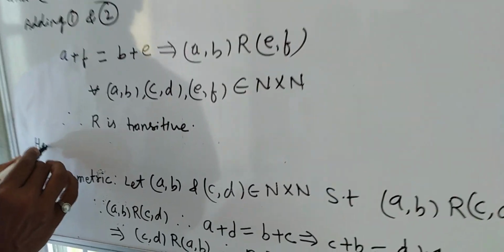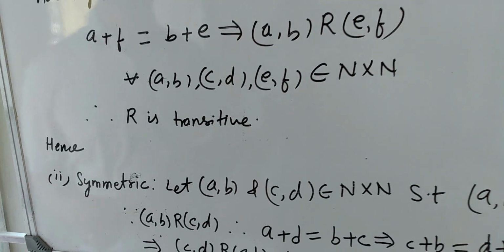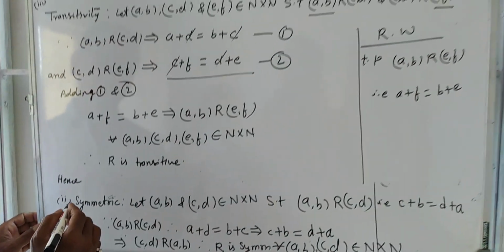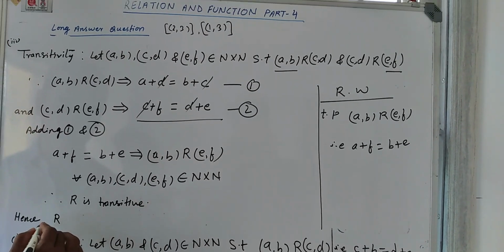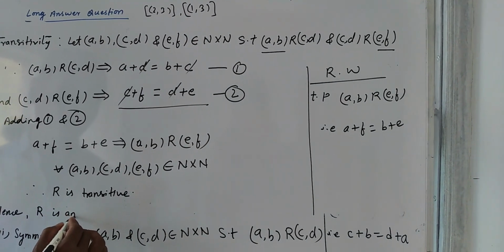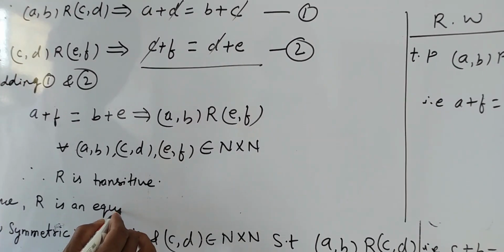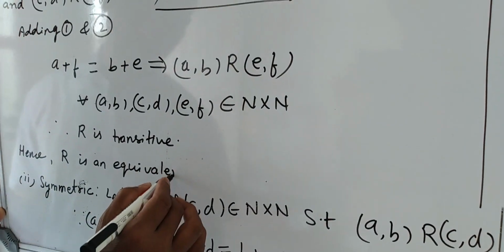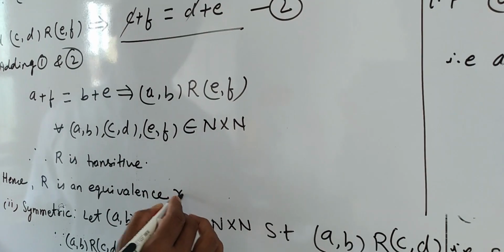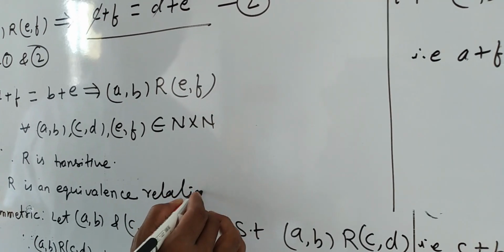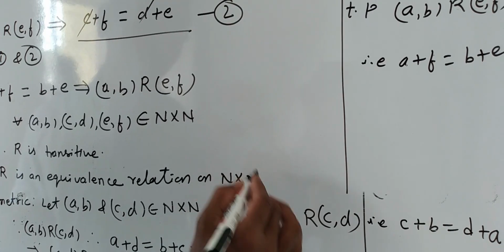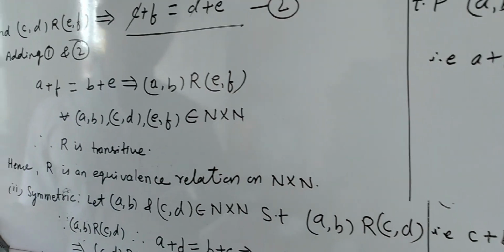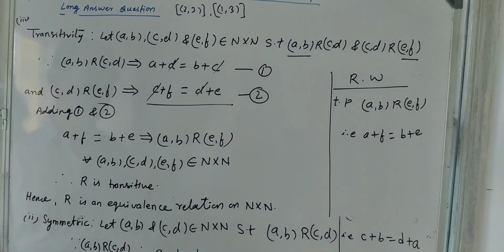Hence, R being reflexive, symmetric and transitive, R is an equivalence relation on N cross N. So now the first part of this question is over.